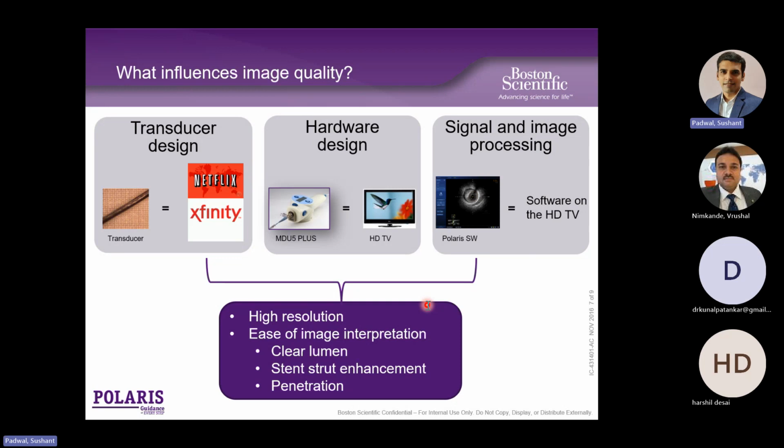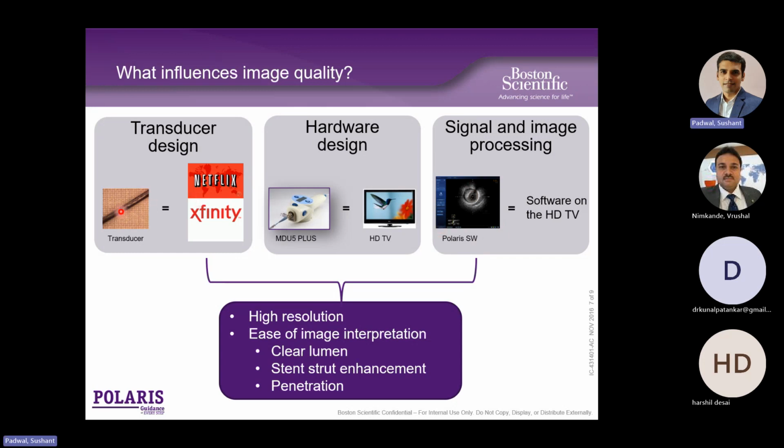This is an analogy which we have created, just as an example, where the transducer is equivalent to Netflix, MDU5 is the medium or the TV, and signal processing and image processing is the software on the HD TV, the software which we visualize on our Polaris iLab.